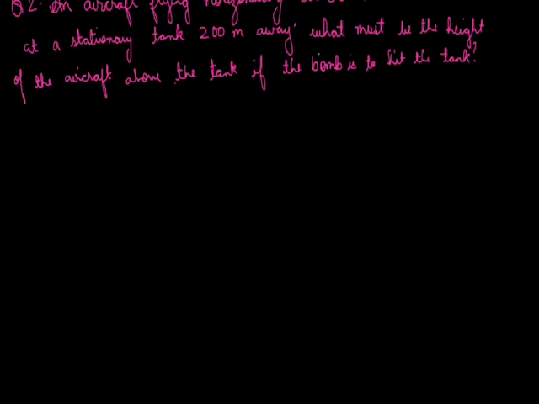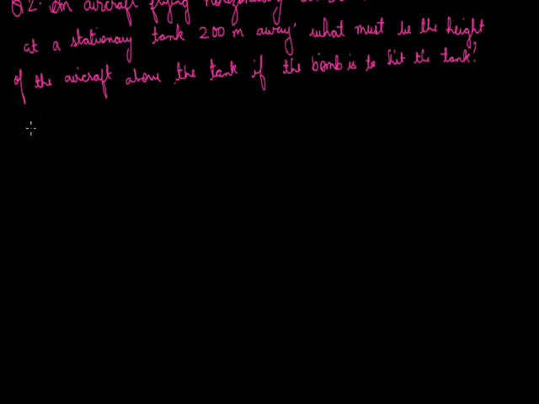Now we are given that an aircraft is flying horizontally, and the velocity with which a bomb is dropped is 360 km per hour, and it is dropped at a stationary tank which is 200 meters away.